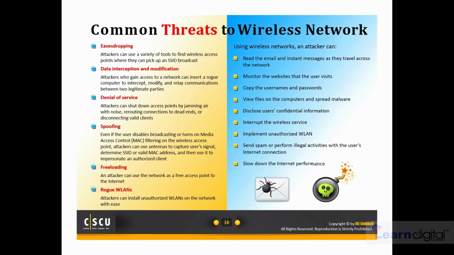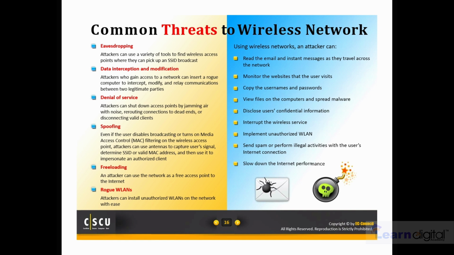Third, DoS attack, where attackers can shut down access points by jamming the air with noise, or rerouting connections to dead ends or disconnecting valid clients. Spoofing: even if the user disables broadcasting or turns on MAC, media access control, filtering on the wireless access point, attackers can use antennas to capture the user's signal and determine the SSID or a valid MAC address and then use it to impersonate an authorized client.